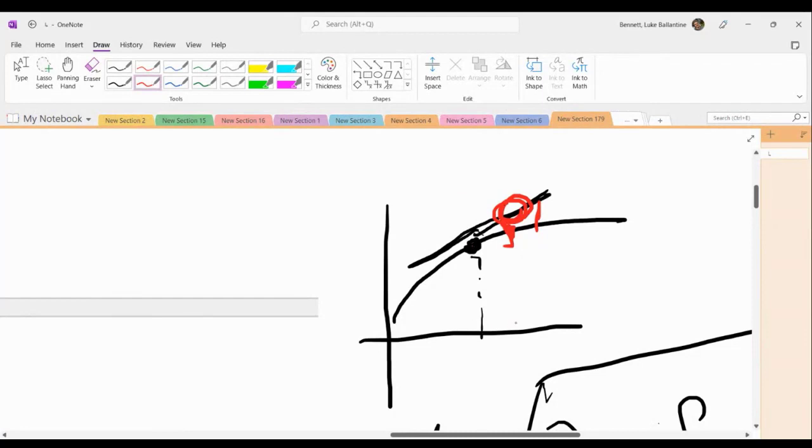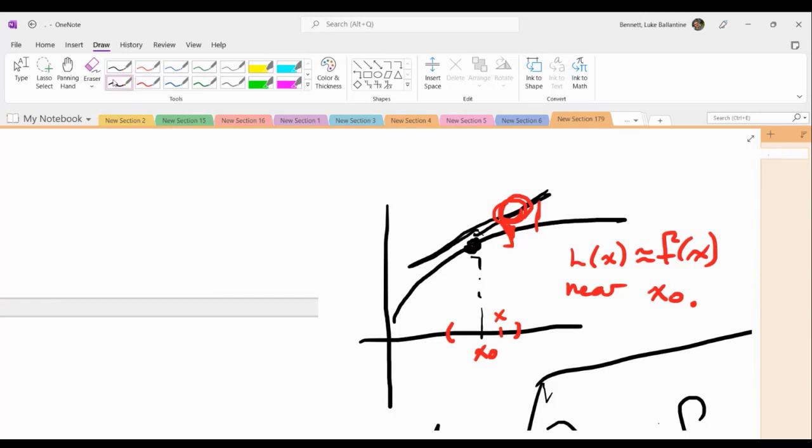If we stay near this point, within some distance of x0, then when we plug x into our linearization, we get things that are close to f of x. So L of x is approximately f of x near x naught.